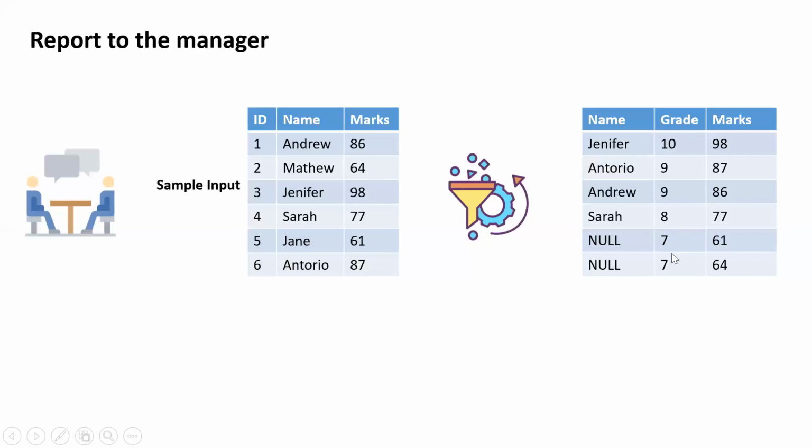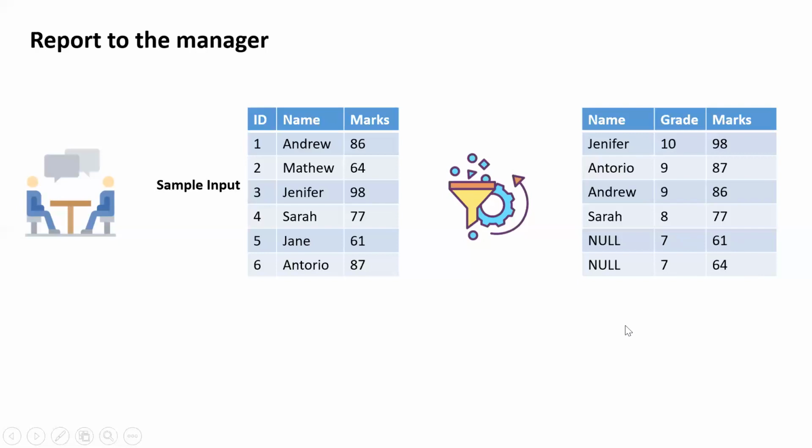Also, if the students have the same grade, 7 and 7, then the marks should decide the order, in ascending order. So if the marks is less, then it should come first, and if marks is more, it should come second if the students have the same grades.